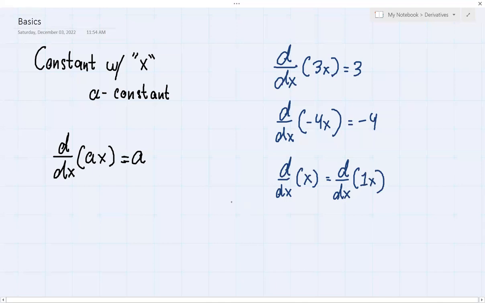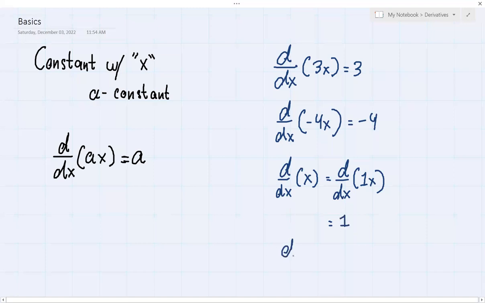So kapag may nakita kang variable na walang coefficient, it exists as a variable lang. Ibig sabihin nun, meron talaga siyang coefficient pero invisible siya, at yun yung si 1. So x is the same as 1 times x or 1x. So therefore, ang derivative ng 1x ay 1.